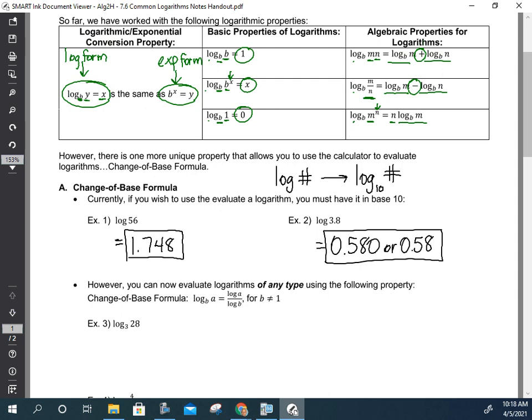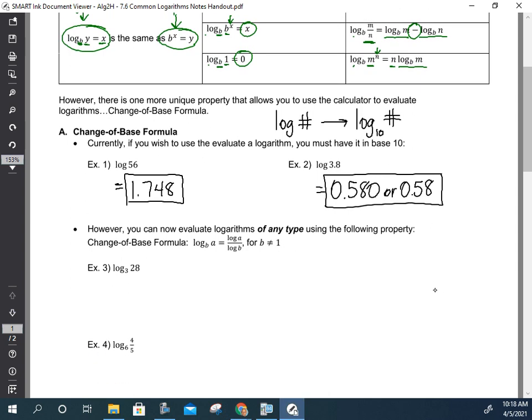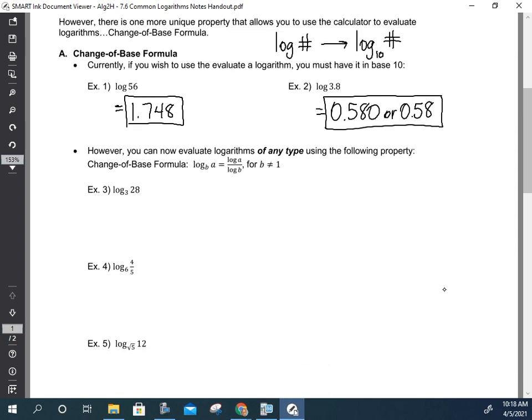So let's use some change of base. The change of base formula allows you to use the calculator regardless of what the base is. So the base could be 2, 80, a million, 1/2. It can be anything you want, as long as you know how to rewrite the problem.